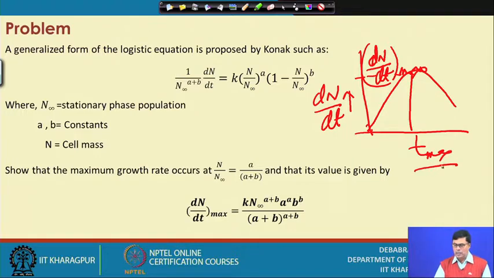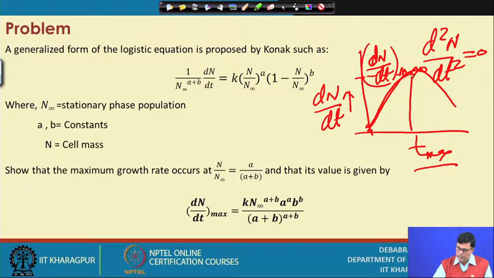So at T max we get the rate of cell mass formation maximum. When will it occur? When d2N by dt2 equals 0, because it increases, then attains the plateau. When it attains the plateau, then it will be maximum, and this is possible when d2N by dt2 equals 0.